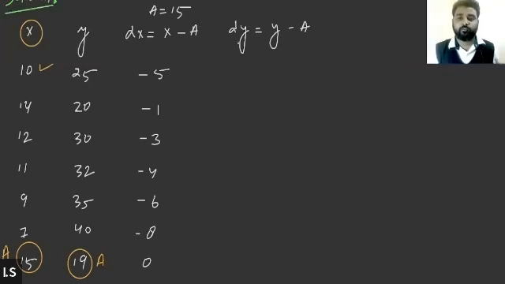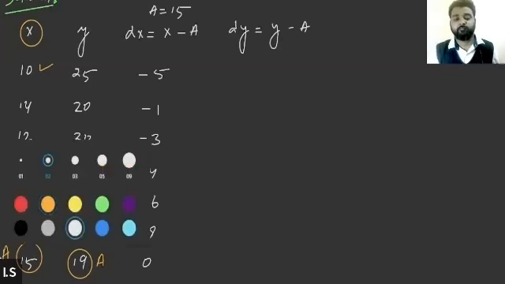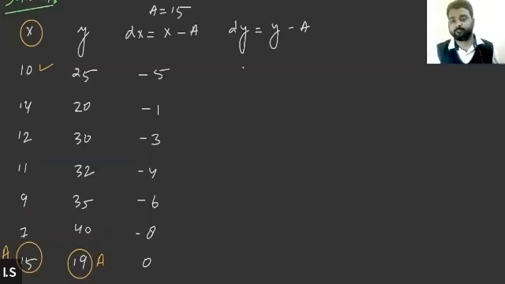So now for finding out the deviation of y, we will simply subtract the assumed mean from the value of y. 25 minus 19 will be positive 6. Then 20 minus 19 will be 1. 30 minus 19 will be 11. 32 minus 19 will be 13. 35 minus 19 will be 16, right?